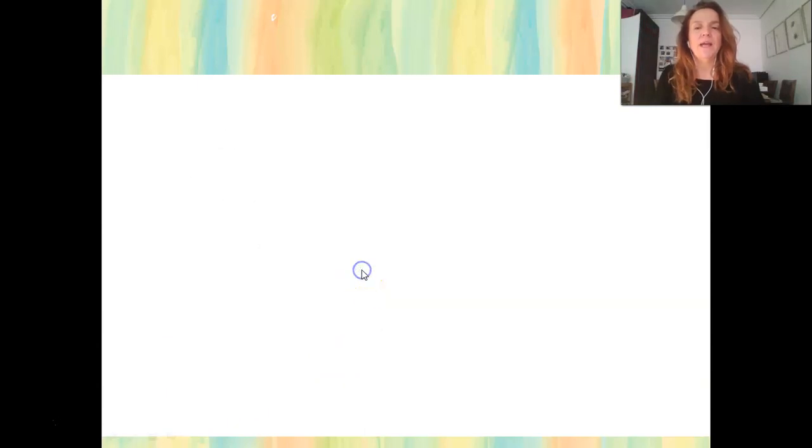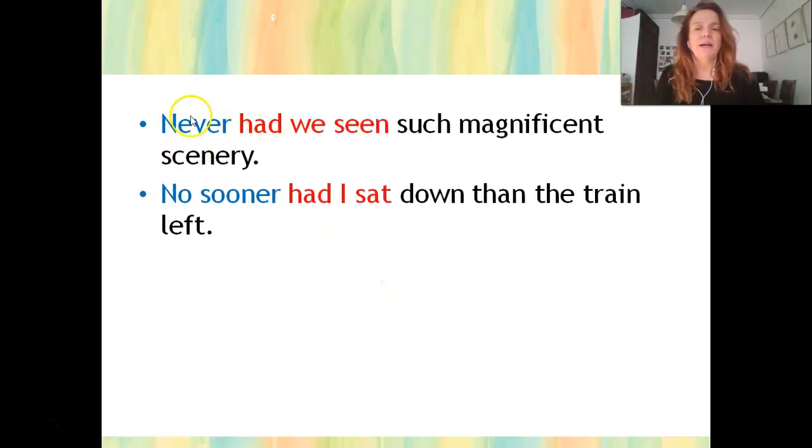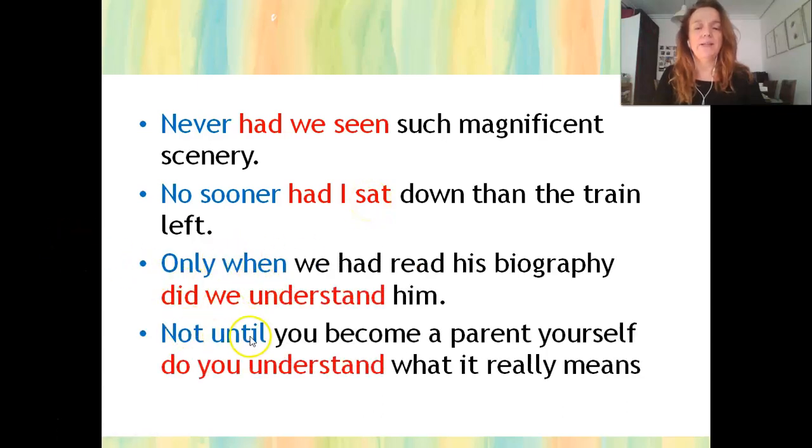Why? Normally, if you use an adverb, the inversion follows the adverb straight away. Okay, so never had we seen, or no sooner had I sat. Okay, but with only when and not until, because these are followed by a subordinate clause of time, only when we had read his biography, the inversion goes in the second part of the sentence.